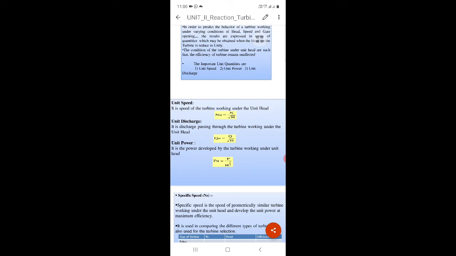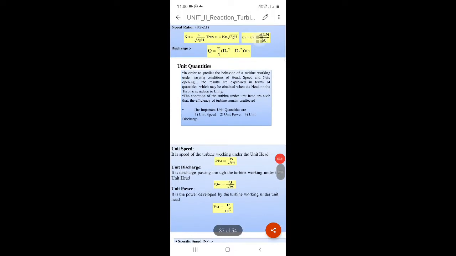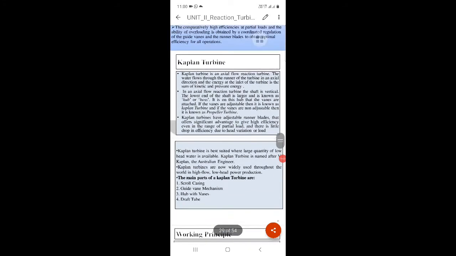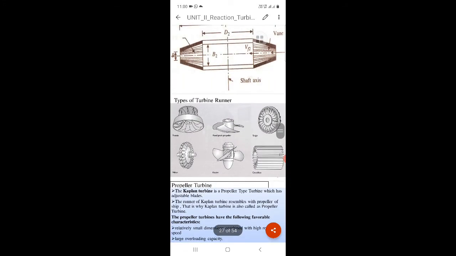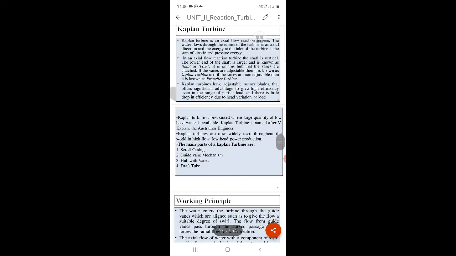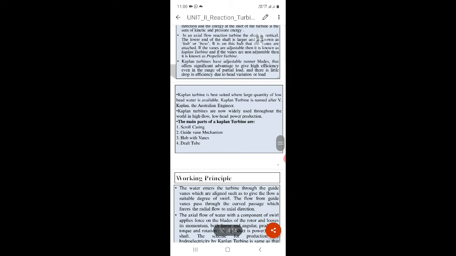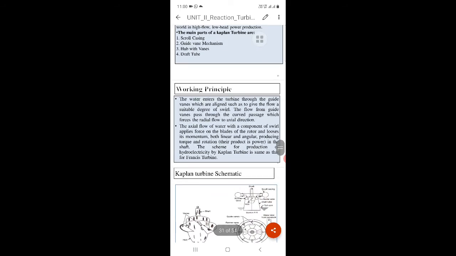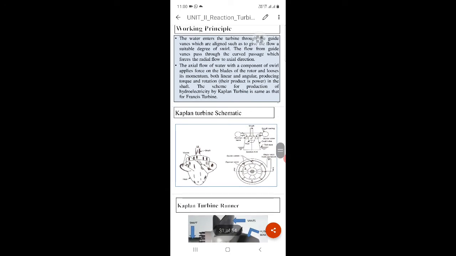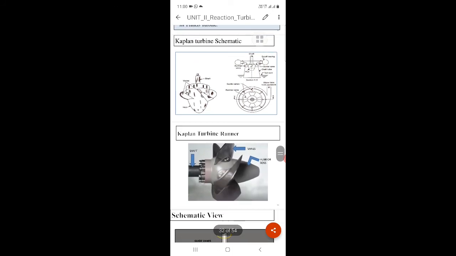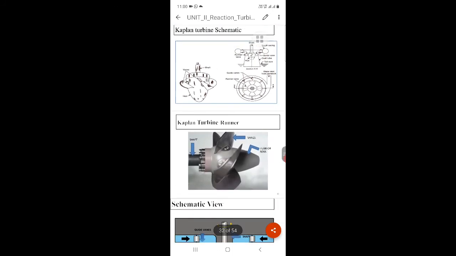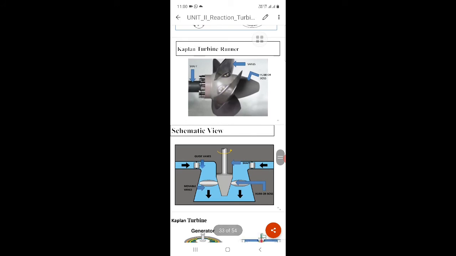So today we have seen the Kaplan turbine. Firstly, the introduction of Kaplan turbine. The main parts of Kaplan turbine: scroll casing, guide vanes, hub, then working principle. This is a runner of Kaplan turbine. This is the total diagram of Kaplan turbine. This is a pictorial view of Kaplan turbine. Next, this is the schematic view of Kaplan turbine.